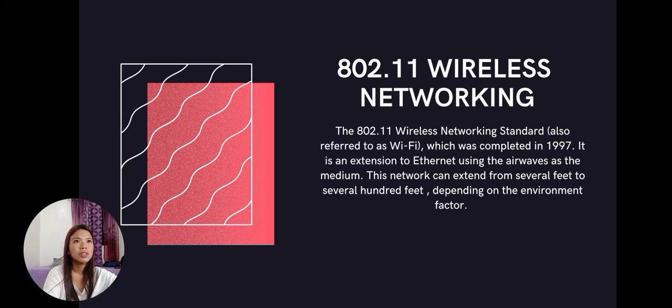So the essential point is that 802.11 wireless is an extension to Ethernet. The prevalence of 802.11 enabled laptops and PDAs spawned a new mode for accessing the internet.